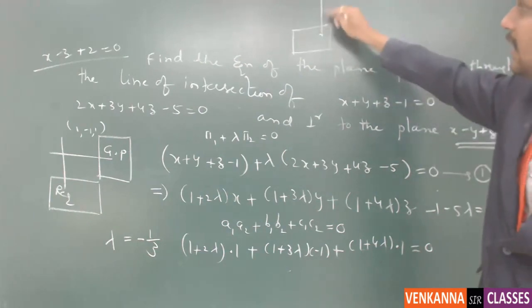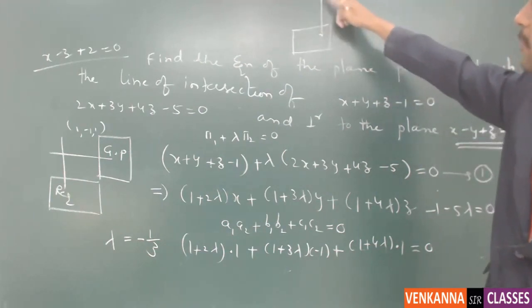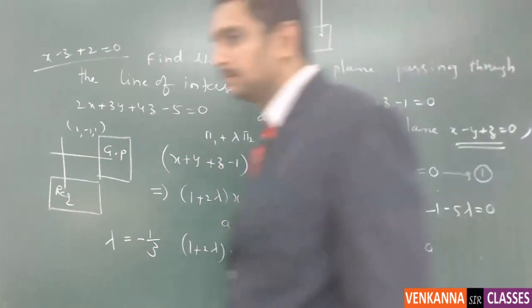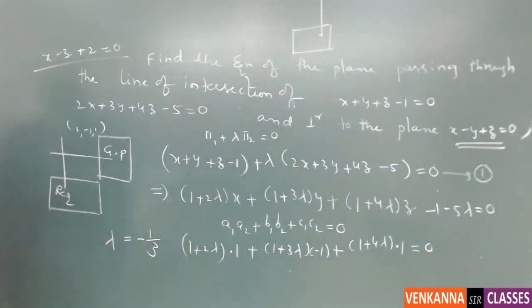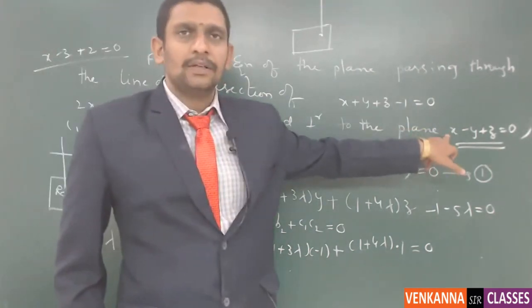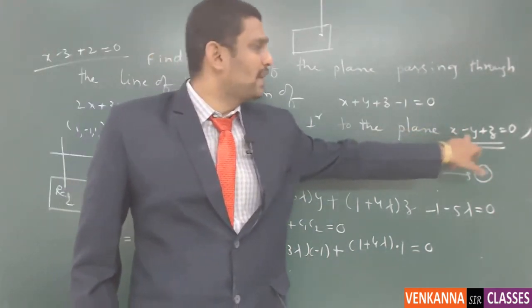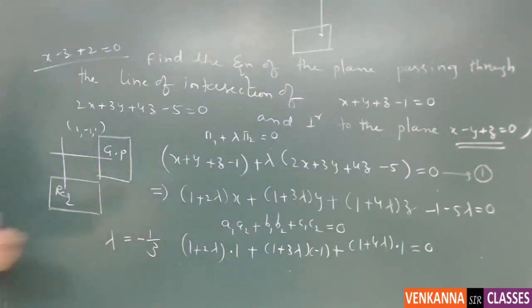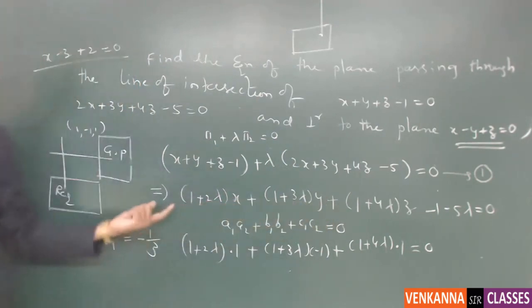So the drs of this normal are nothing but xyz coefficients of the plane. So this is our plane. Its coefficients are 1, minus 1, 1. So drs are nothing but 1, minus 1, 1. And for this plane also, you will take the xyz coefficients. Clear?